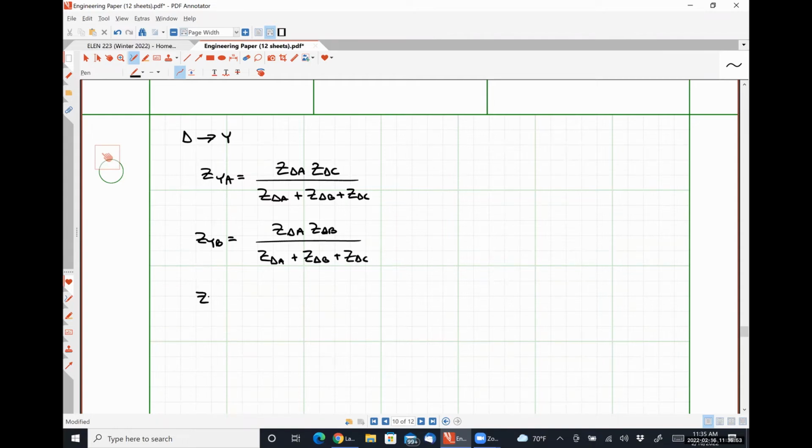And finally, ZYC is Z delta B, Z delta C over that same denominator.